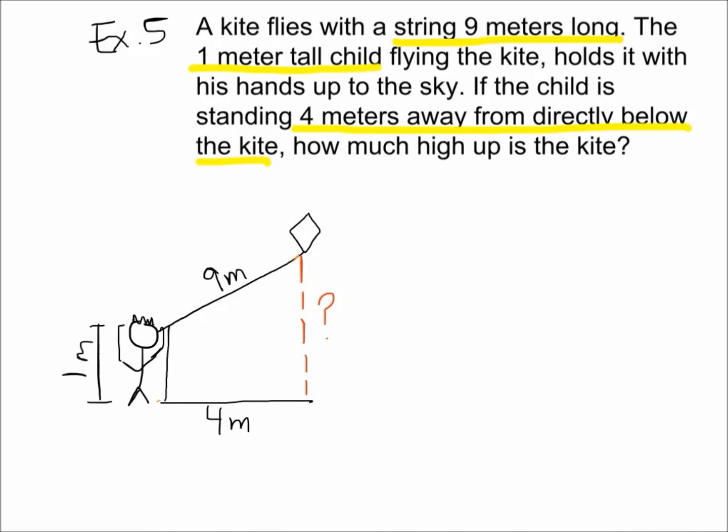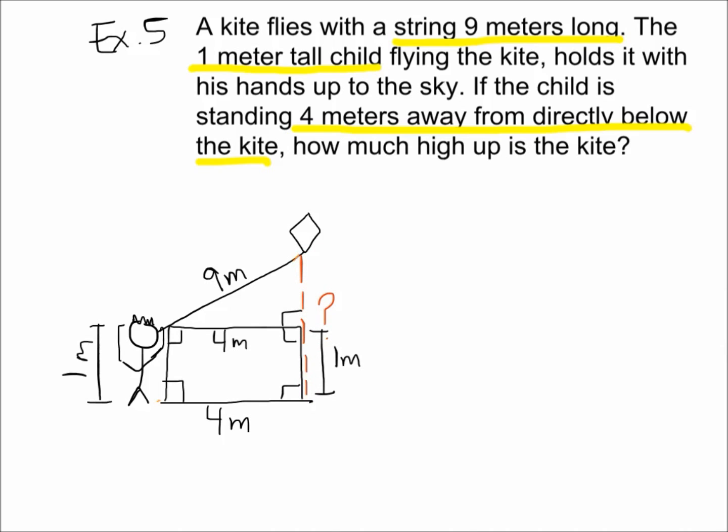The kid is 1 meter high, and if I draw this line in and I make a little rectangle, I know that opposite sides of a rectangle are congruent. All the angles in a rectangle are right, meaning this is a right angle, and this section right here only is 1 meter.